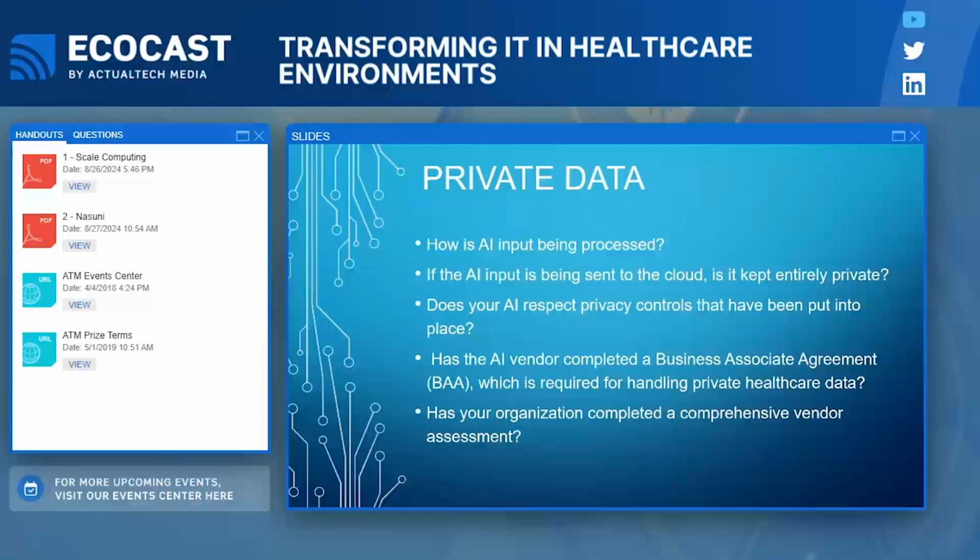And the risk that you run there is that some of that private patient data could potentially end up being exposed to others who use that system outside of your organization when they perform queries to that AI. So you have to consider if your AI data is being kept private or if it's being used to train the model on the back end. Also, does your AI respect the privacy controls that have been put into place? Now, what do I mean by this?